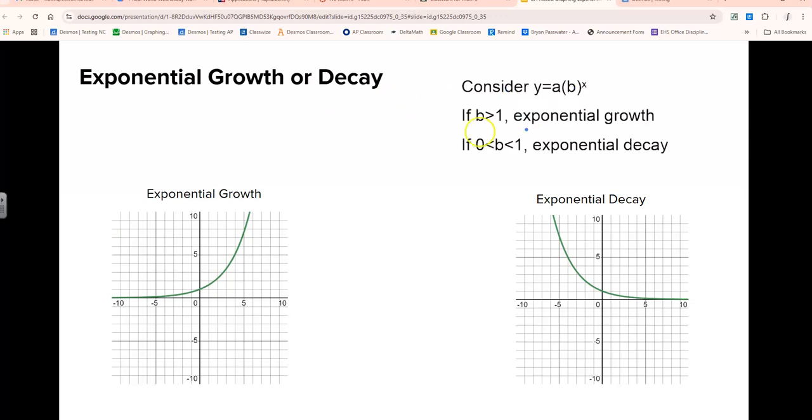So, exponential growth is going to look like this. Again, this is if B is greater than 1. Exponential decay is going to happen if your B value is between 0 and 1 here. Okay, so we can tell whether we've got growth or decay just by looking at our equation.